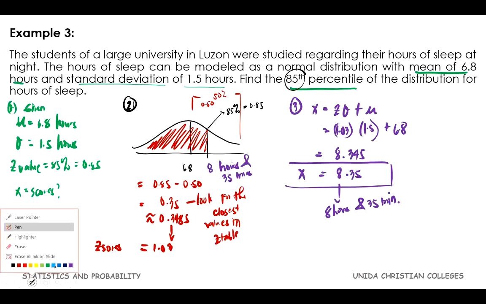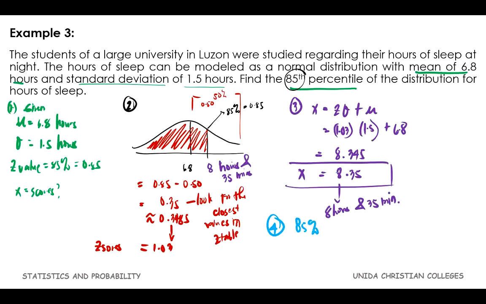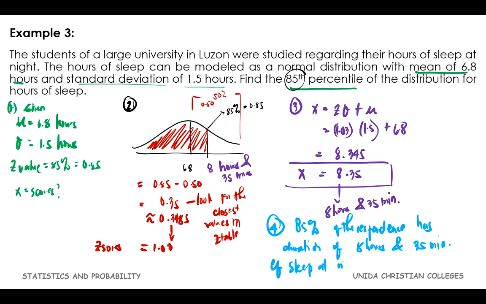So, let's have our conclusion. Okay, so 85% ng respondent nila has a duration of 8 hours and 35 minutes of sleep at night.